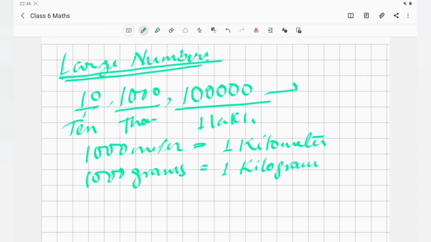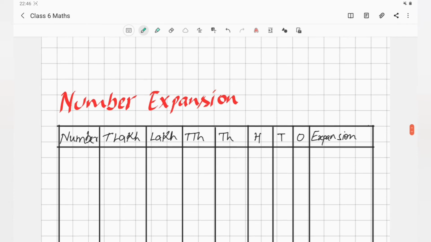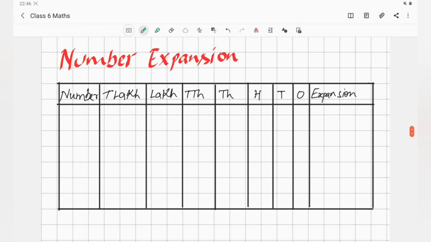And then there is also a concept of place value, which I spoke about, that we'll go through in a particular table. This is the table. Sometime back we discussed place value and how to express a number in a place value format. And this is an example.